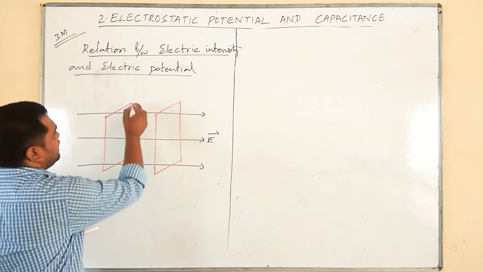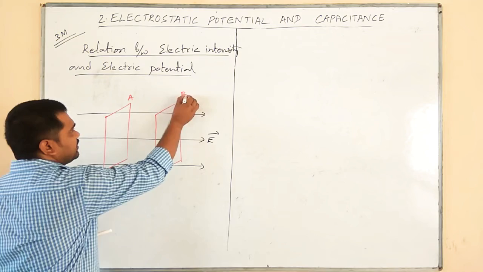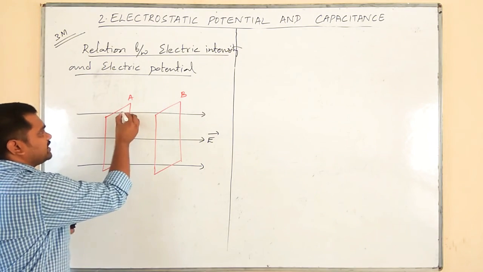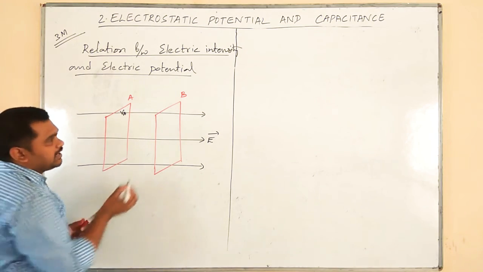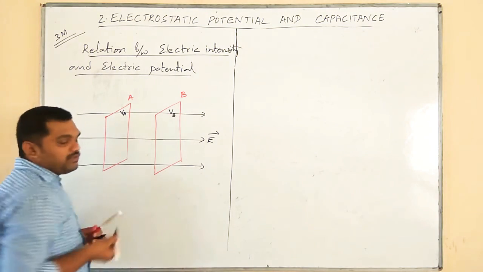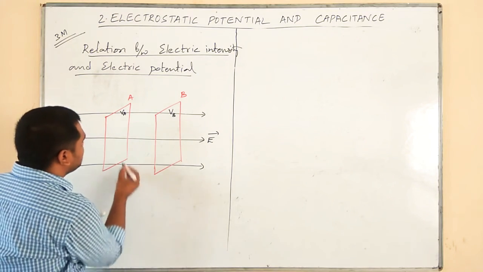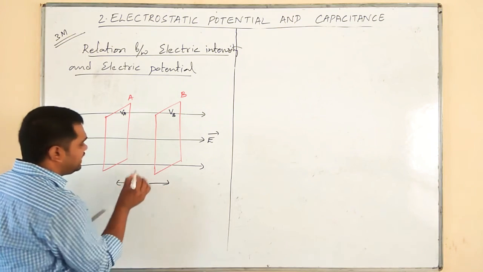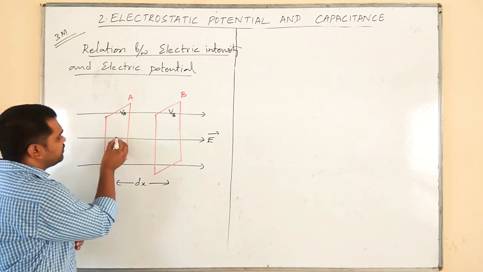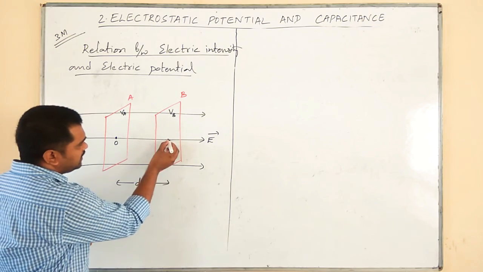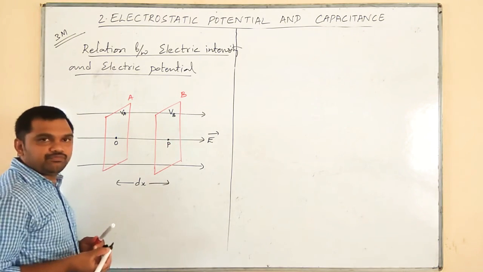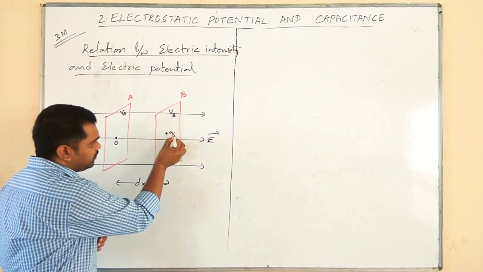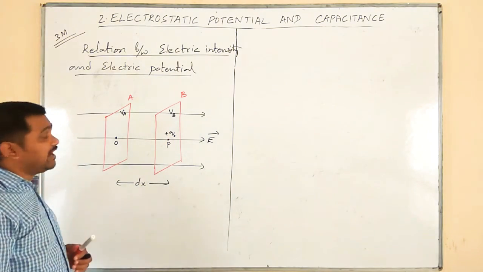Say for example, this surface is A and this surface is B. The electric potential on A is VA and on B is VB. These two are separated by a distance of some dx. Say this point is O and this point is P.